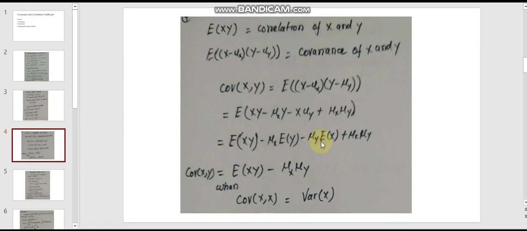So this mu of x mu of y will cancel with one of the terms. Eventually I will get the covariance equal to the expected value of xy minus mu of x into mu of y. So this is the covariance of bivariate random variables x and y. When random variables x and y are equal, this covariance changes into the variance.